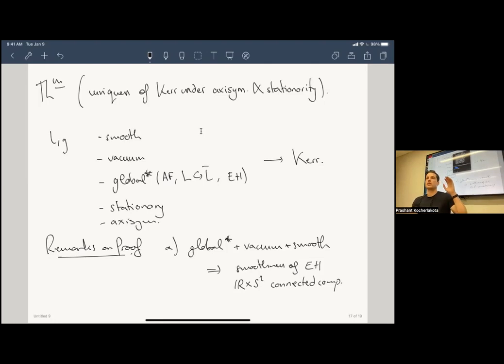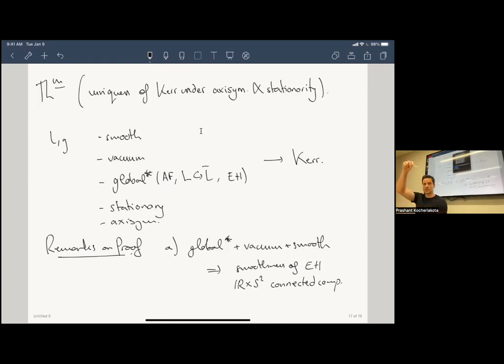So the point is, you want to classify stationary vacuum smooth solutions with nice global properties, right? That problem is totally unsolved, and we'll see in lecture 3 and lecture 4 why. However, you could say, forget that problem. Just assume from the get-go that you're stationary, global, nice, smooth, and you have axisymmetry.